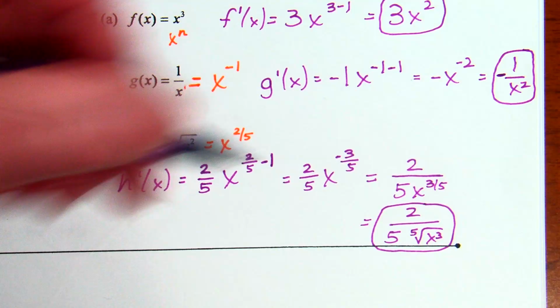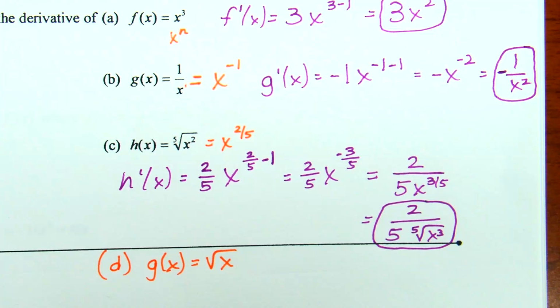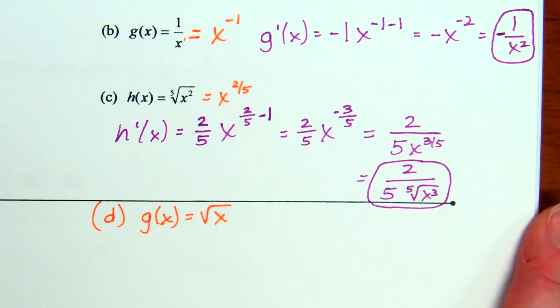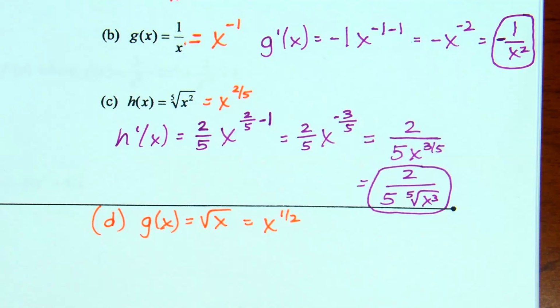Okay, I'm adding in a D real quick. For D, I'm going to say that g of x is the square root of x. What is the square root of x? X to the 1/2, right?